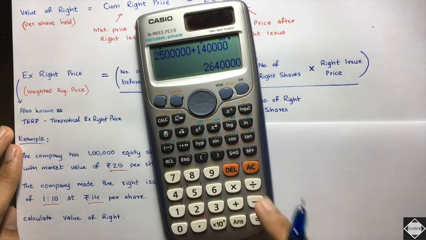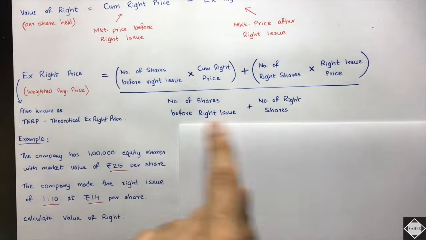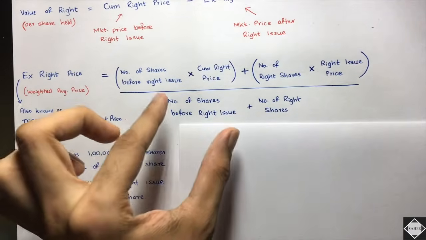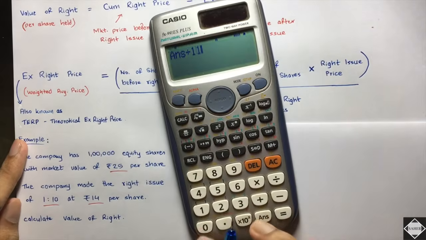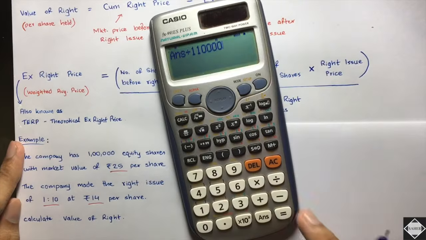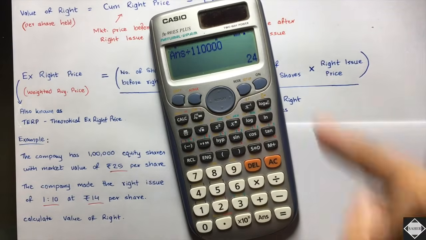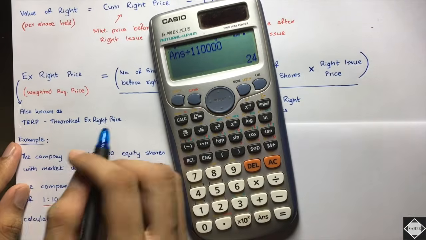So 26 lakh 40,000 divided by 1 lakh 10,000, the total number of shares after the right issue. That will give you 24. 24 is your TERP, your theoretical ex-right price.